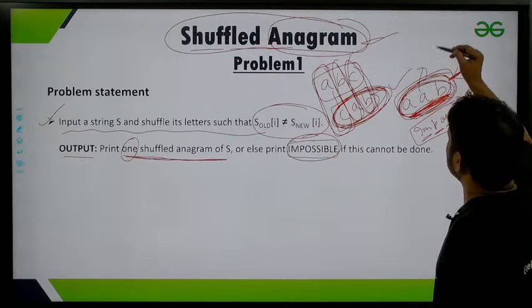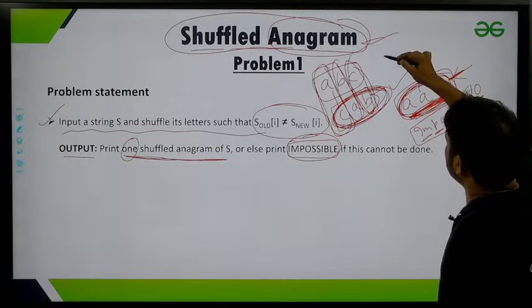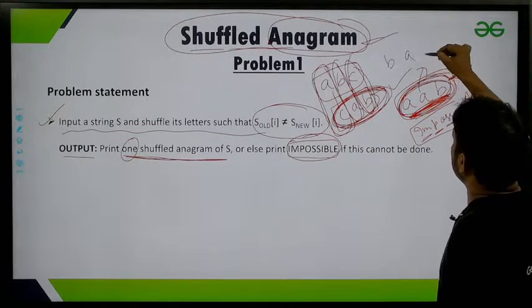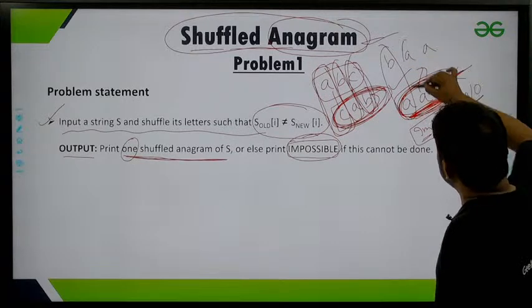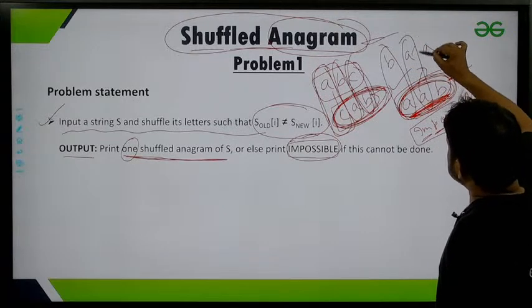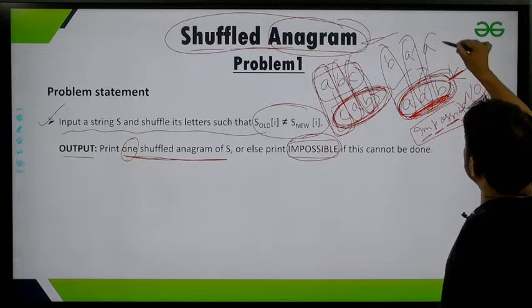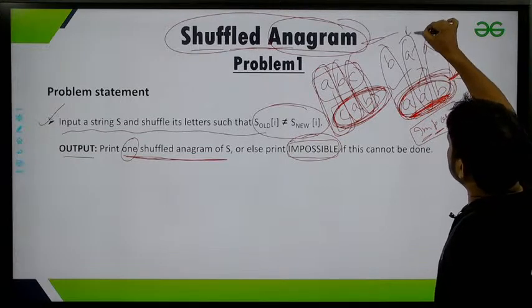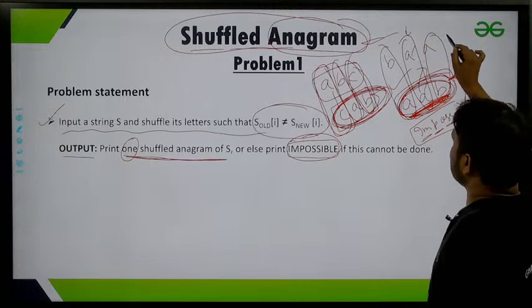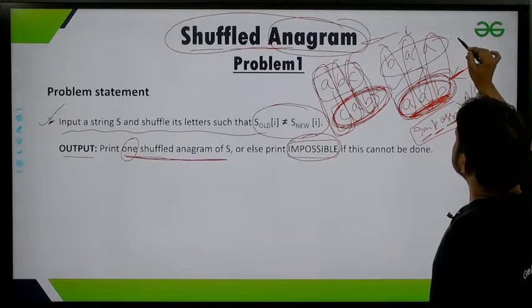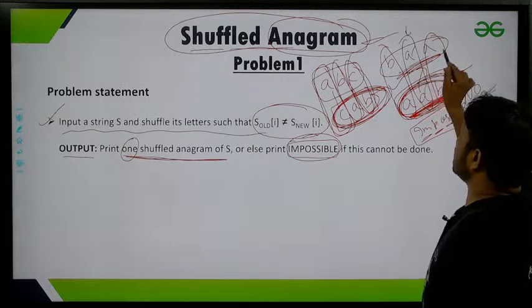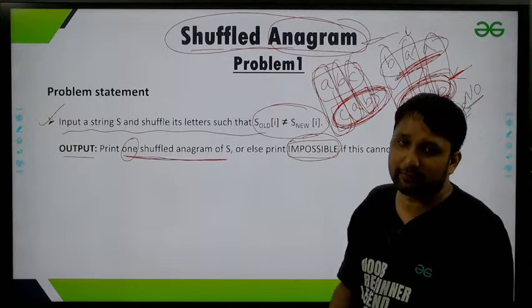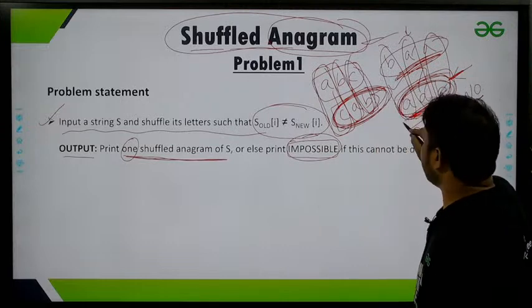Let me try. Maybe I write B first, then AA. Here these two are not matching, but this A and this A are matching. Even though the other is not matching, one character matching is enough to prove that this is not a shuffled anagram. So for this string I cannot generate one.